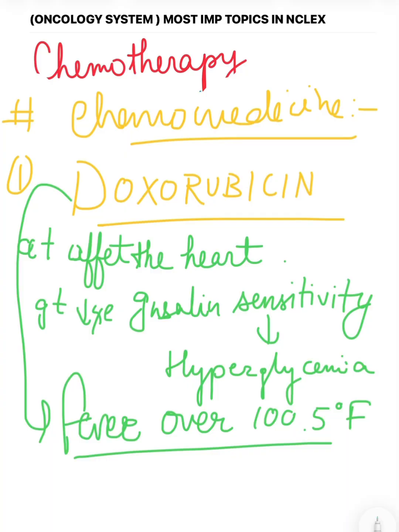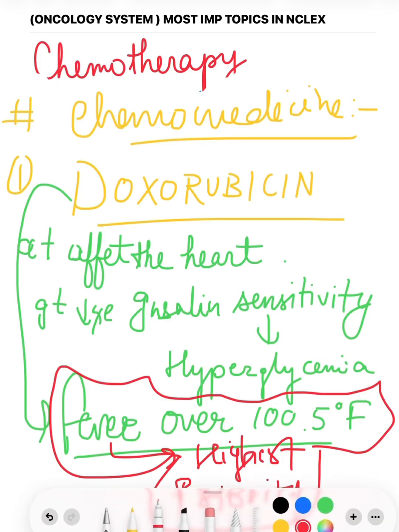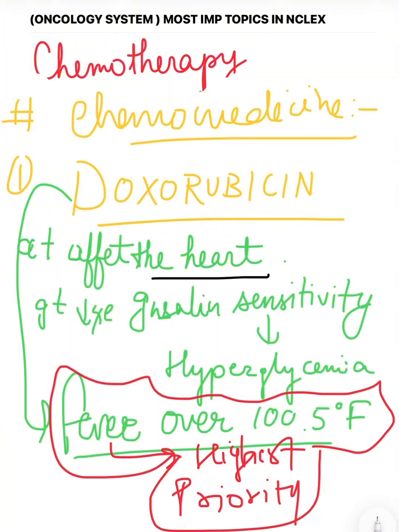So how to remember doxorubicin? It affects the heart, this is the main point, and fever over 100.5 Fahrenheit is the highest priority.